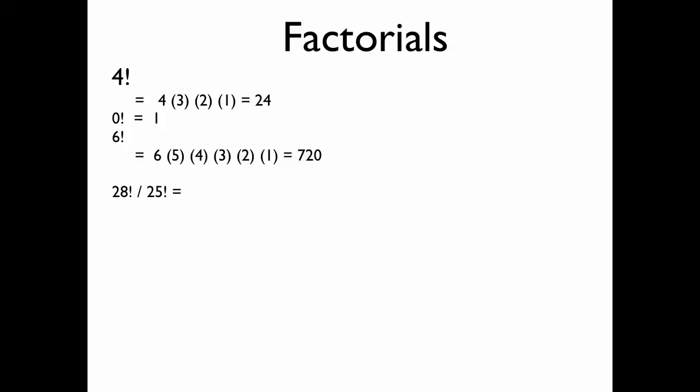It always goes down to 1. Always multiplies from the starting value. Always multiplies down to 1. So express both 28 and 25 factorial. Don't write out 28 values. Don't write out 25. You can represent and so on with dot, dot, dot. And then see what happens.